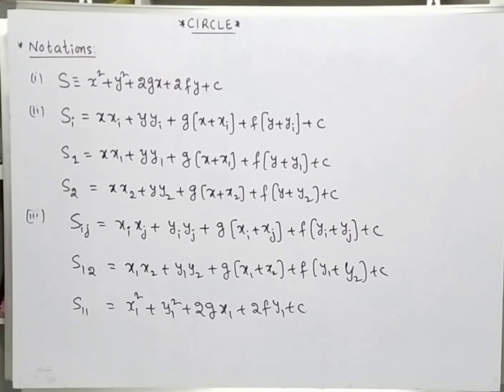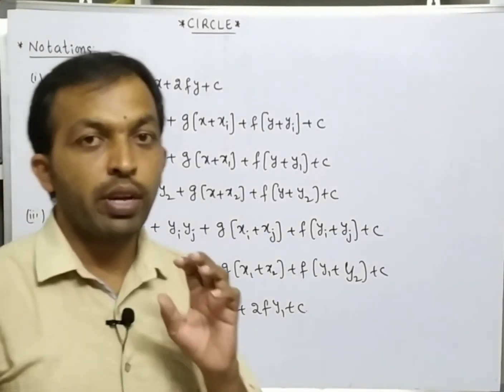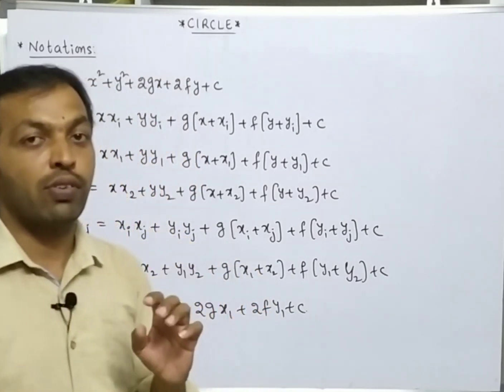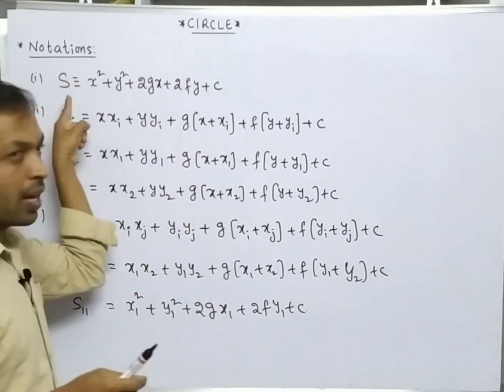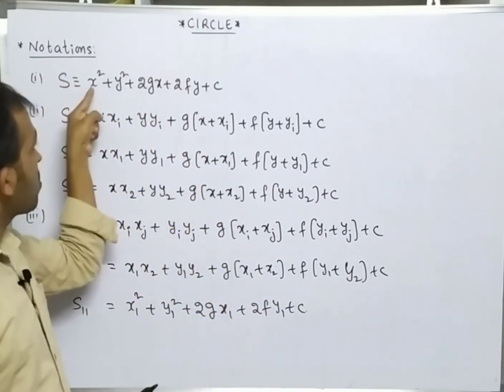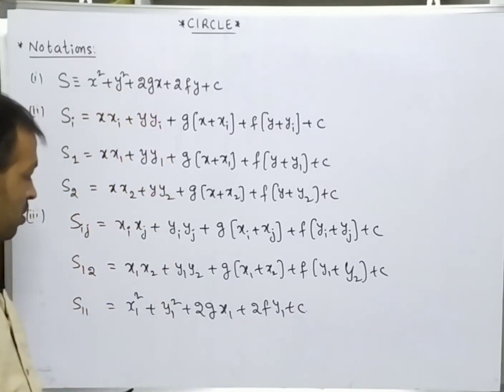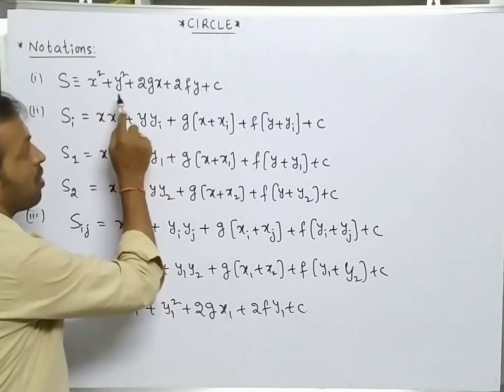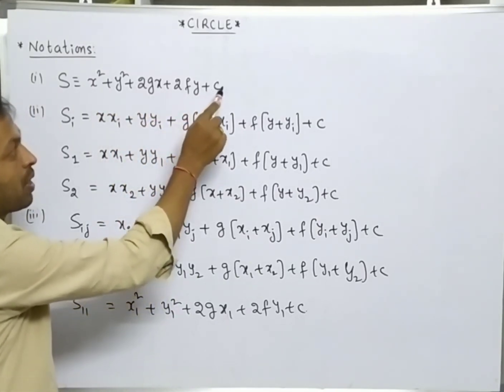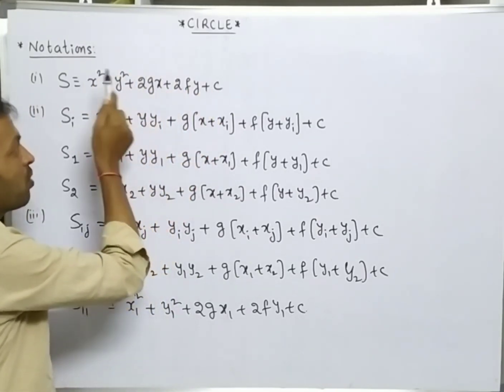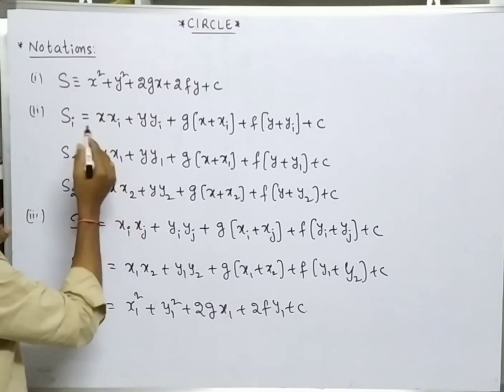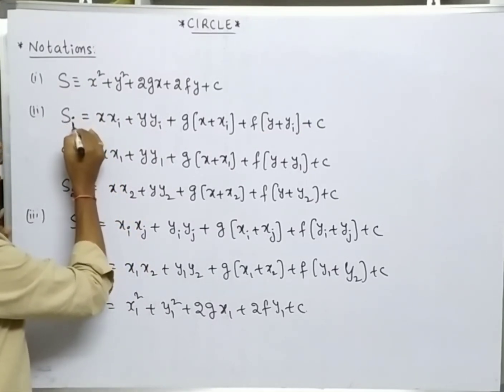First, notations. We can denote the general equation of the circle with capital S. S is equal to x square plus y square plus 2gx plus 2fy plus c. This is the general equation of the circle, denoted with capital S. Next, S_i.